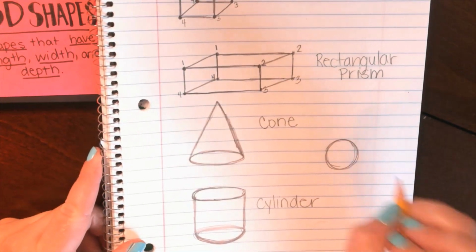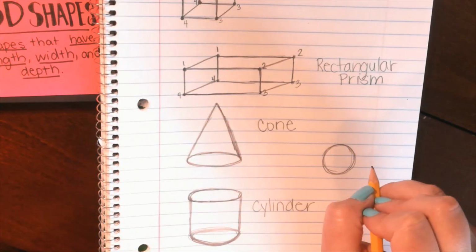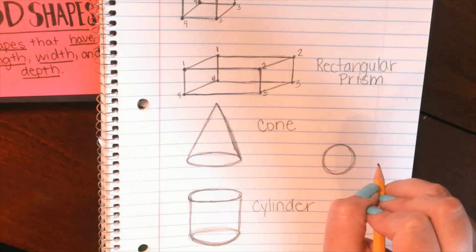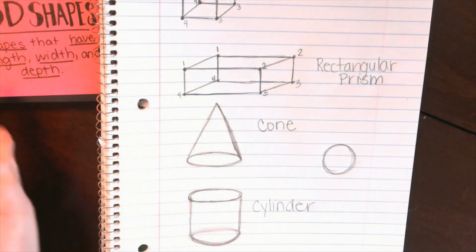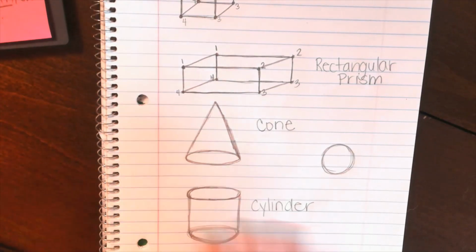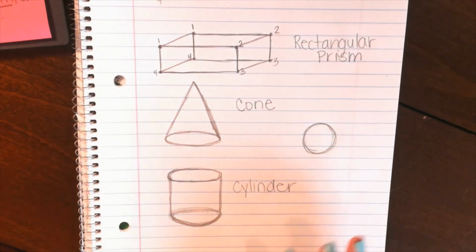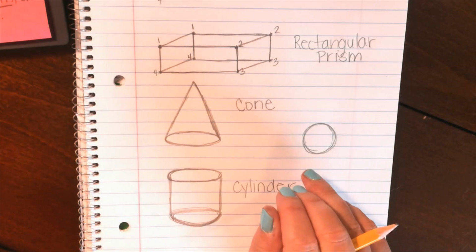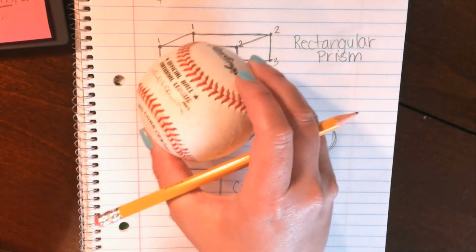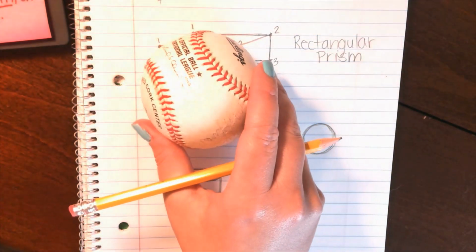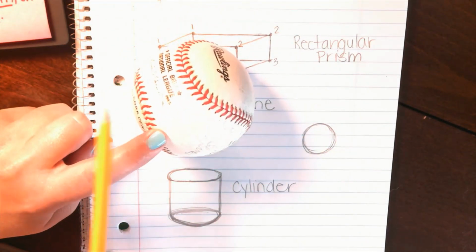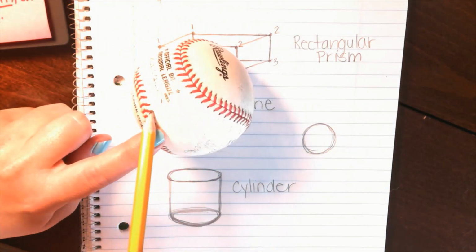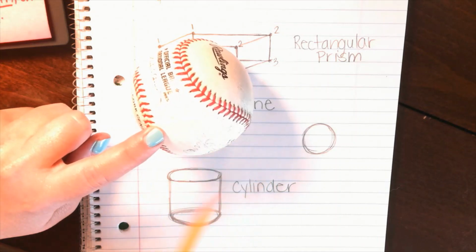All right, so with our sphere, the way to make it look three-dimensional is to create what we call value. And those of y'all that were with me right before spring break, we talked about value. And value is the lightness or darkness of a color. So it's when a light hits a shape, and you can see the light hit one side of it, but then create a shadow on the other side.